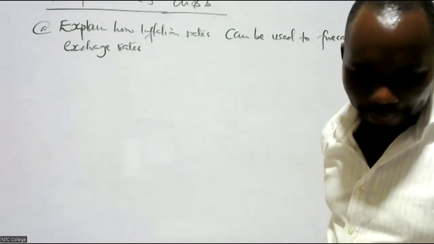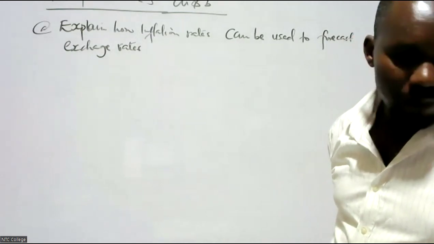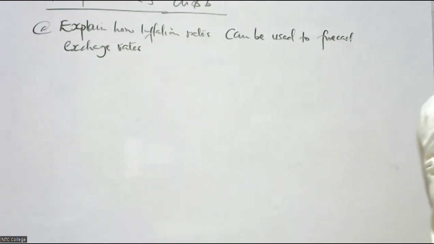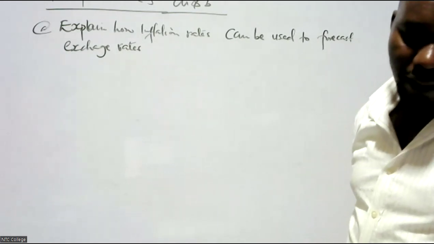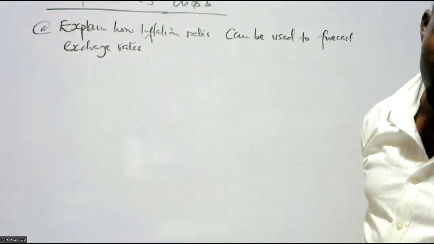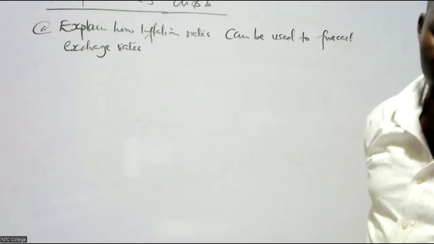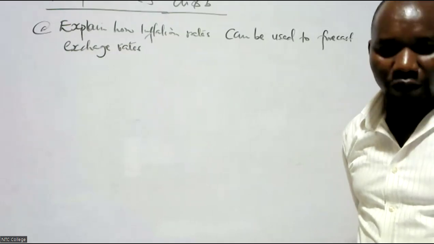Full stop. Am I too fast? If inflation rates between two countries are given, then we use the purchasing power parity model to predict exchange rates. Full stop.